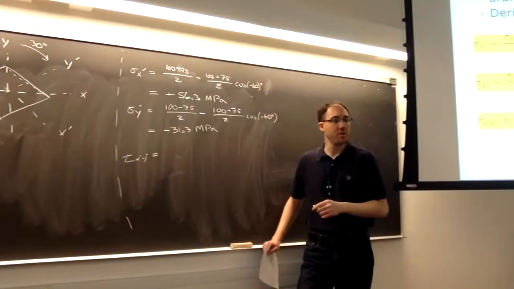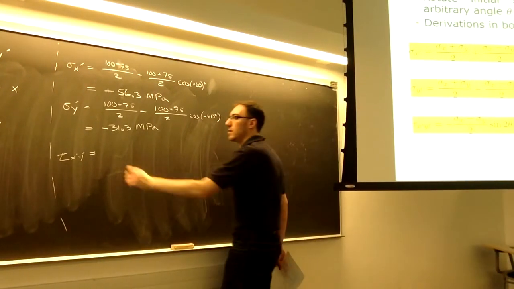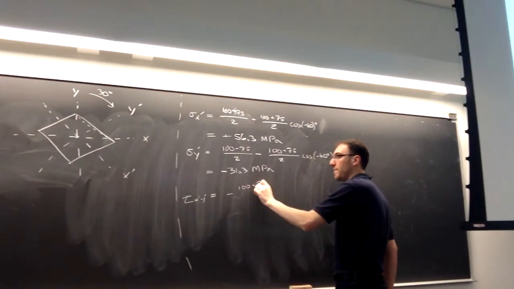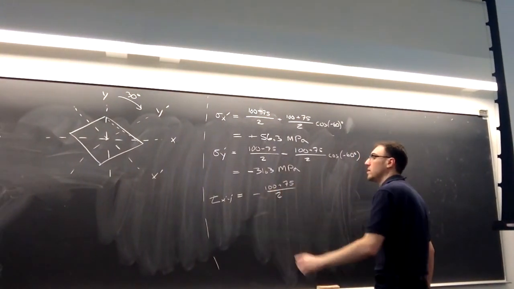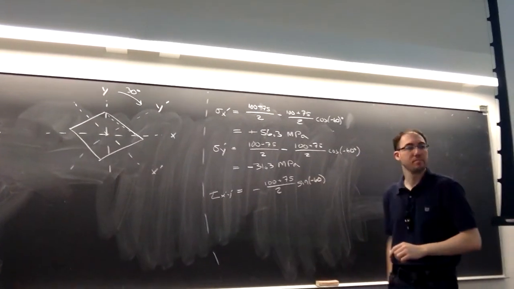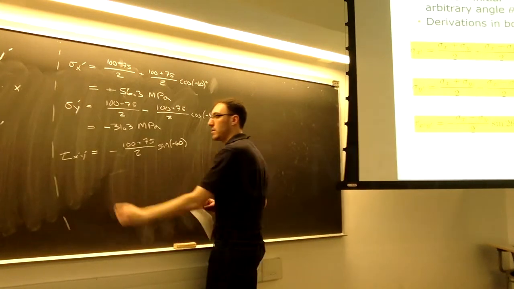And now the new shear stress at this rotation, negative 100 minus negative 75, so 100 plus 75 over 2, sine negative 60. And again, tau xy is 0, so that will drop out.